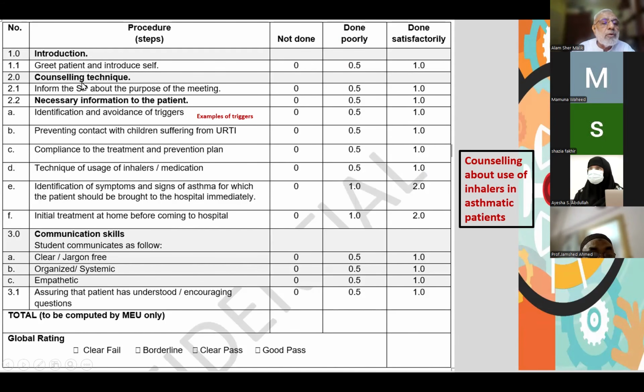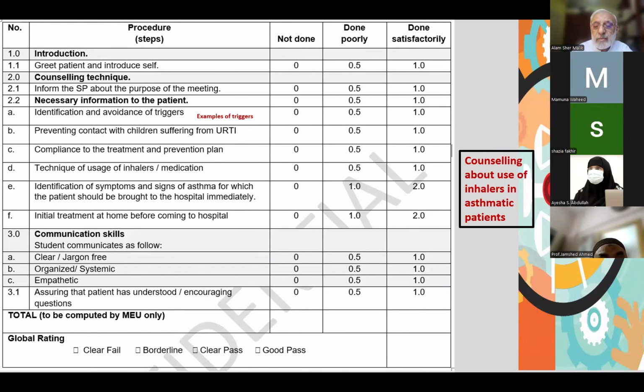Then there is a counseling technique, necessary information to the patient, the communication skills, etc. Now, the SMEs may be required to identify the essential components in this scheme, which if a candidate does not meet, they would not pass the station. So this would be identification of a minimally competent candidate.